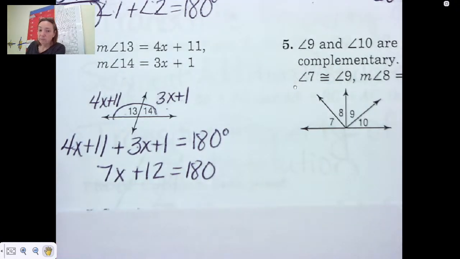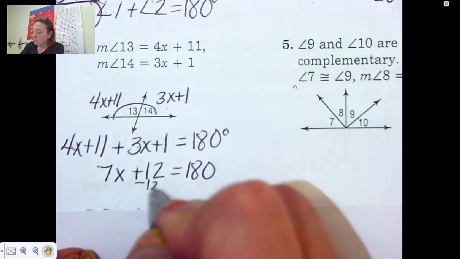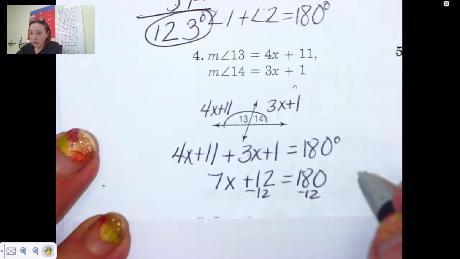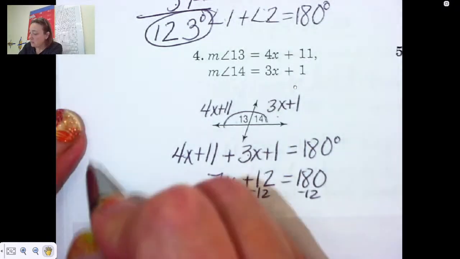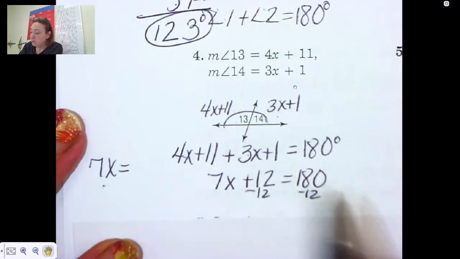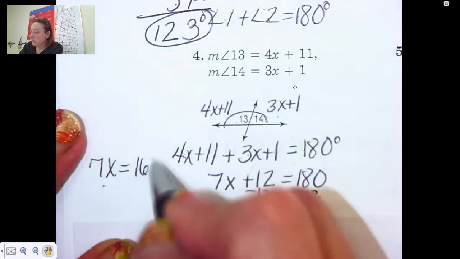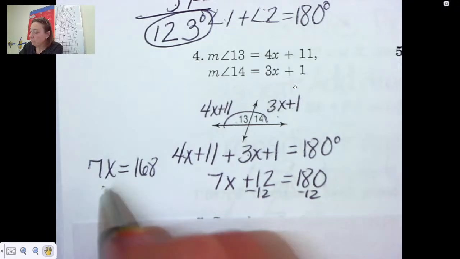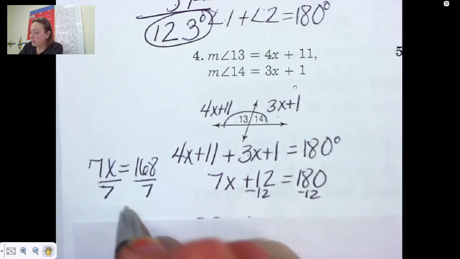Now what? Subtract 12. So 7x equals 168. Okay. Divide by 7. And what is x?